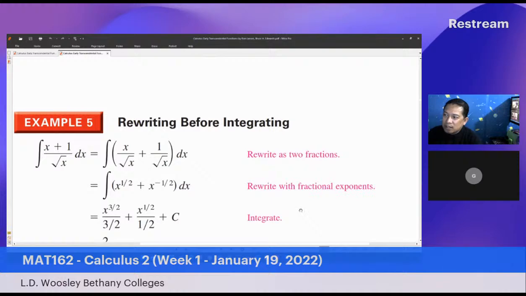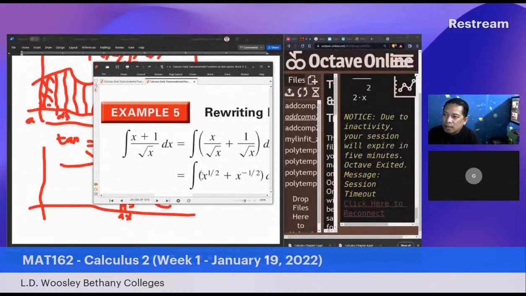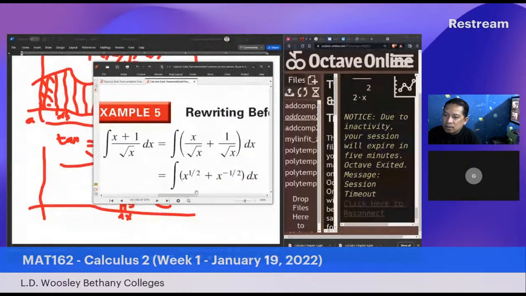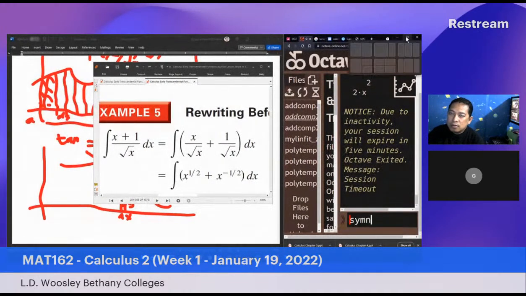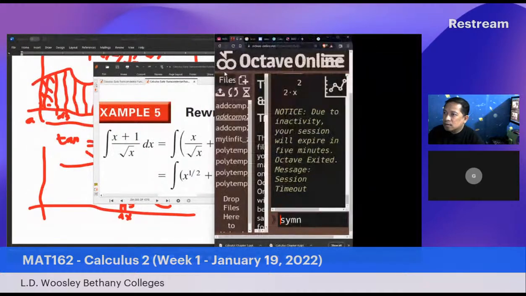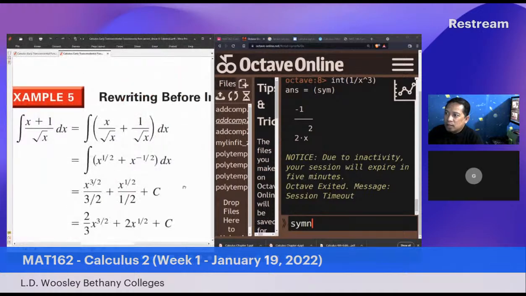Okay, this is another rewriting, no? So example number 5 here is pertaining to a radical. Perhaps I could demonstrate using your octave. Yan. Okay. So here's the solution.